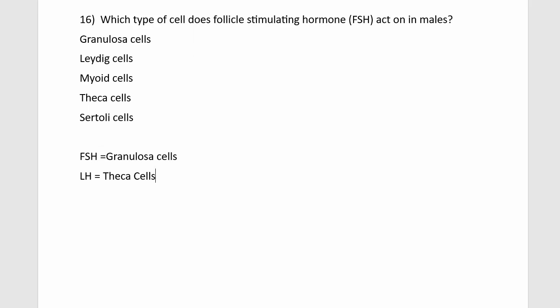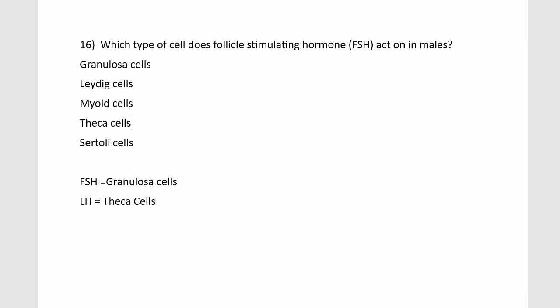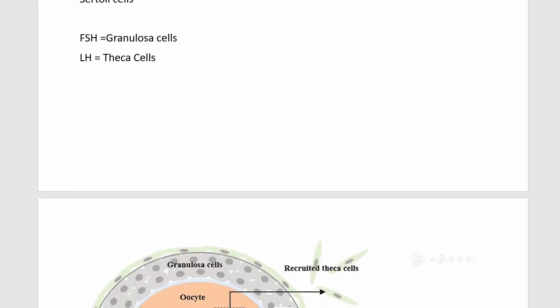Okay, so those are the 2 involved with females. So we can rule out theca cells, and we can rule out granulosa cells. That leaves us with Leydig, myoid, and Sertoli.